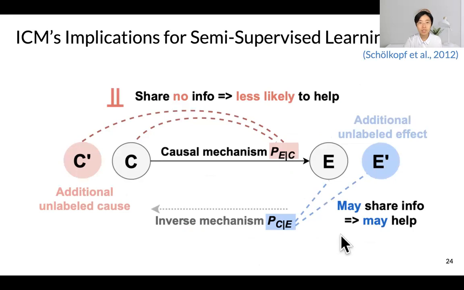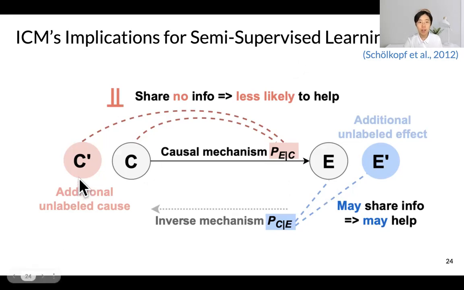To give more details, for semi-supervised learning, the setting is usually that we have the cause and effect pair, and semi-supervised learning assumes additional input data. So if we're learning the causal way, then the additional input data will be C prime.